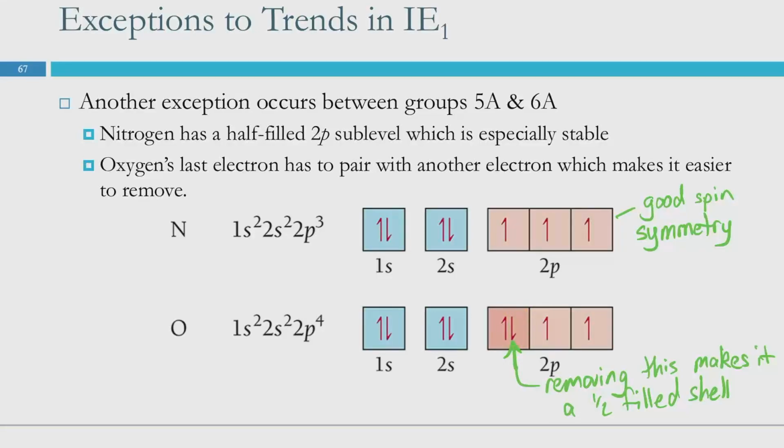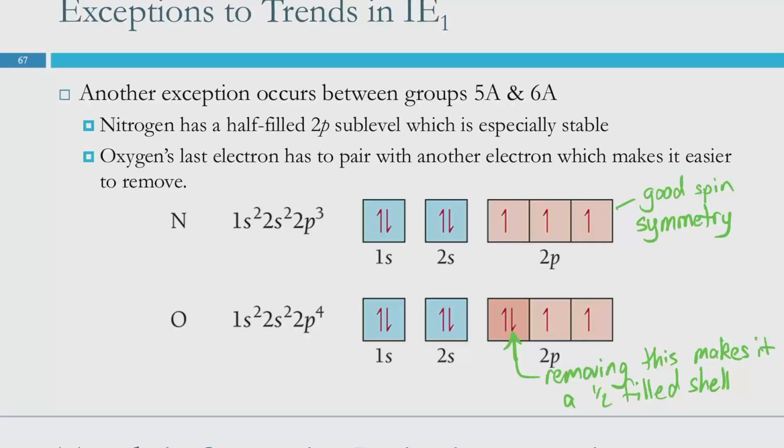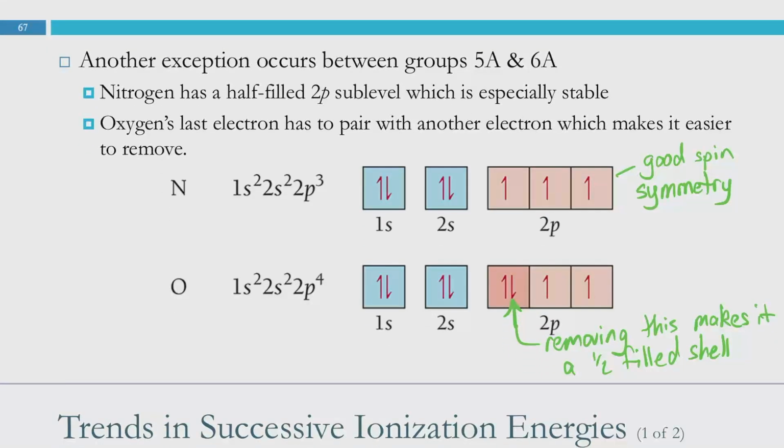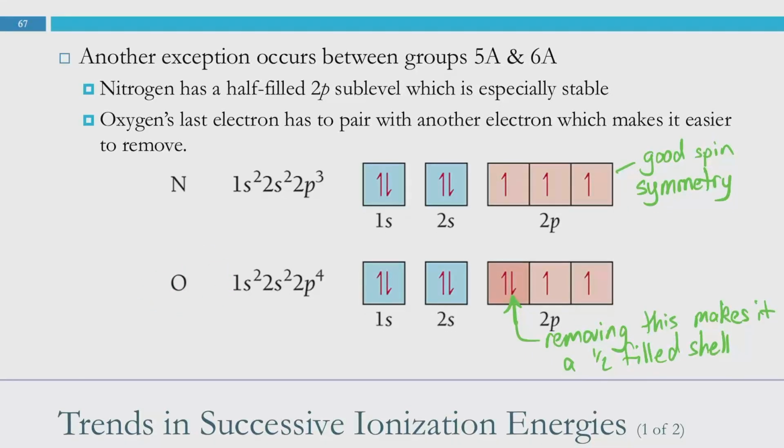Since it's paired, it doesn't like to be paired, and we go back to a half-filled shell. Half-filled shells are a little bit more stable because of that spin symmetry, or spin parallelism, whatever we'd call it. So oxygen has a slightly lower ionization energy than we might expect.